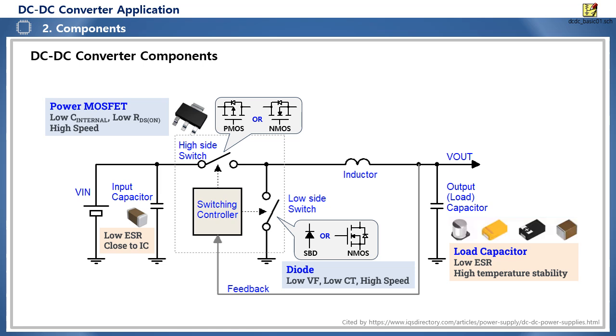Aluminum and tantalum electrolytic capacitors have high capacitance and good DC bias characteristics, but they have the disadvantage of large ripple voltage due to relatively high ESR, which causes large self-heating. In particular, aluminum electrolytic capacitors have a serious impact on the product life in high-temperature environments due to self-heating.